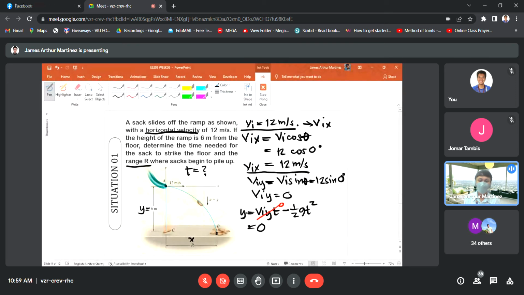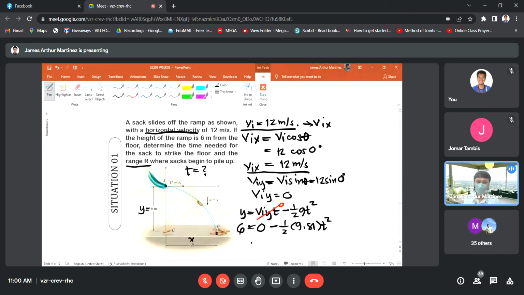Then y, from the problem, refers to 6 meters, minus 1 half. We are in the SI system of units, so we will use gravity as 9.81 t squared. This is a matter of a quadratic equation, so we just transfer it.